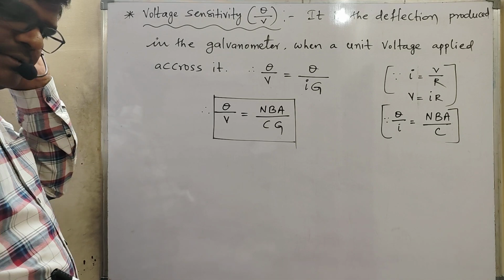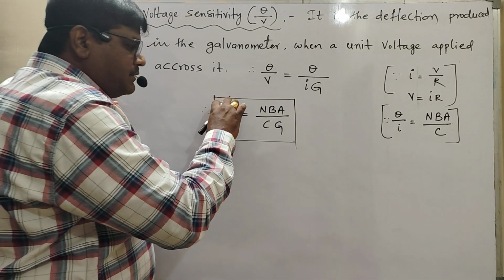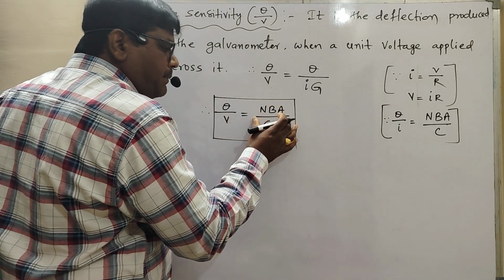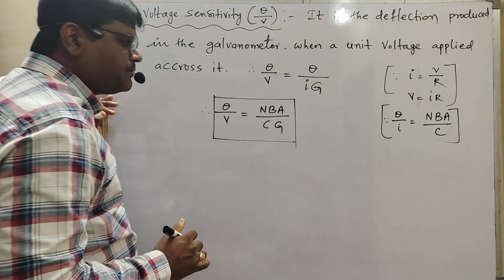Voltage sensitivity is equal to NBA by C into G.